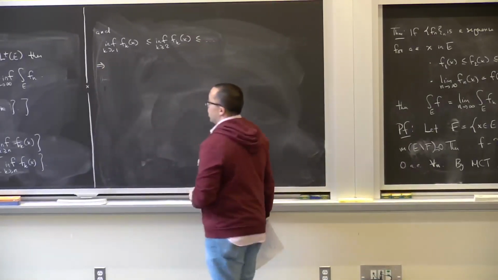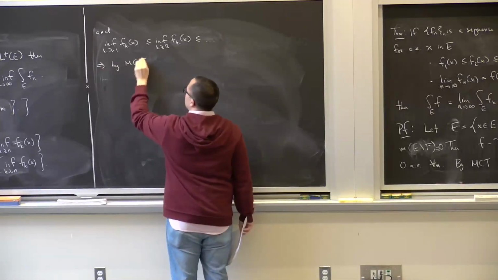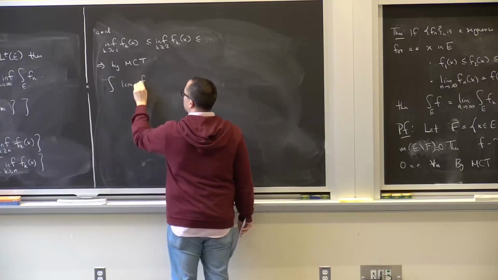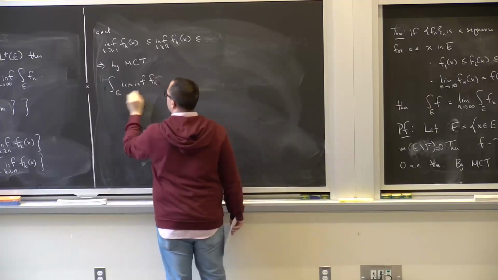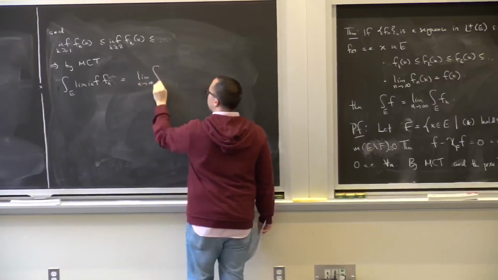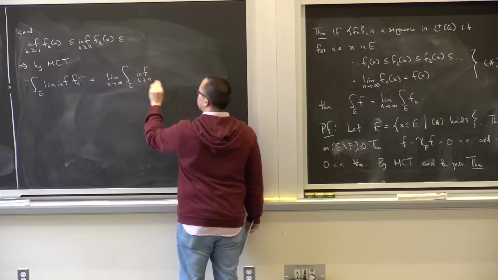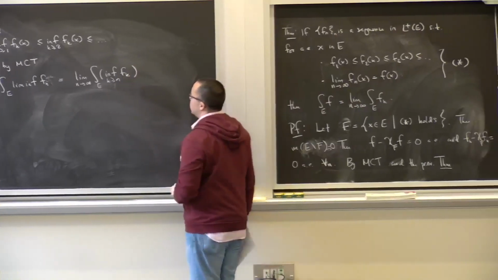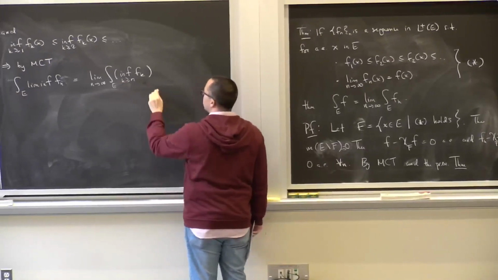This implies, by the monotone convergence theorem, that the integral of the lim inf of F_n is equal to the limit as n goes to infinity of the integral over E of the inf over k bigger than or equal to n of f_k. So I have this function here, which is defined in this way. So for each n, I get a function here.